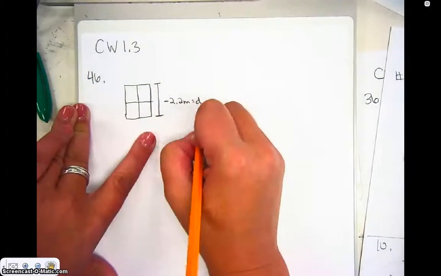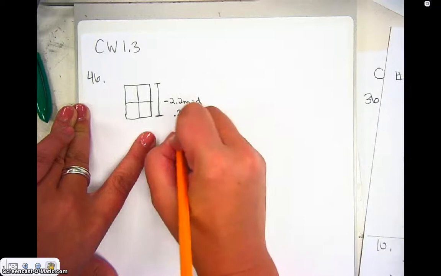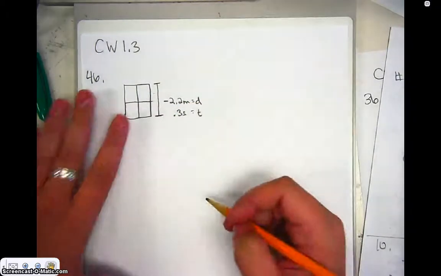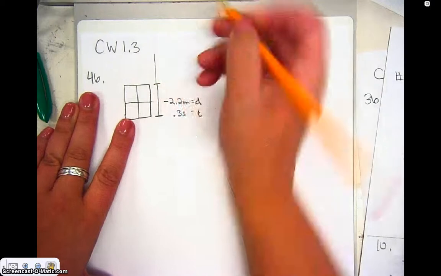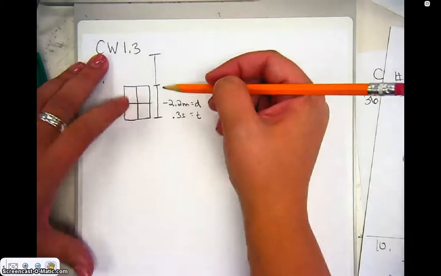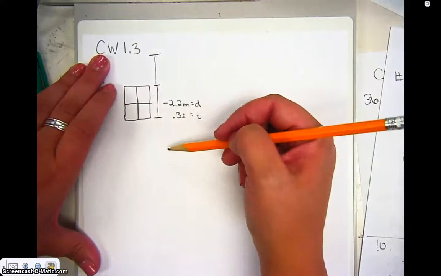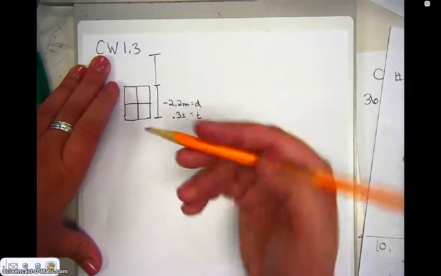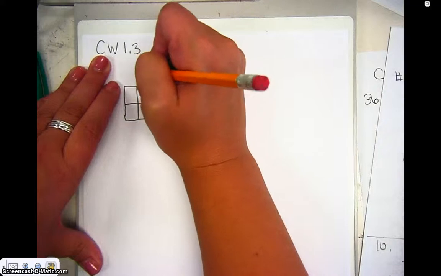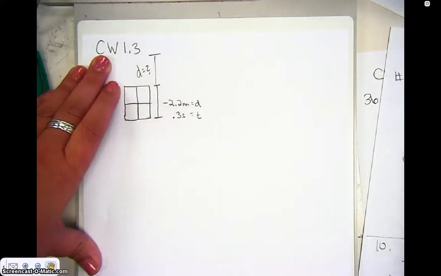And I also know that my time there is equal to 0.3 seconds. Now, somewhere above, the stone was dropped to get to this point so that it could go past the window and be seen. So our actual question is what is that D? What is that displacement?